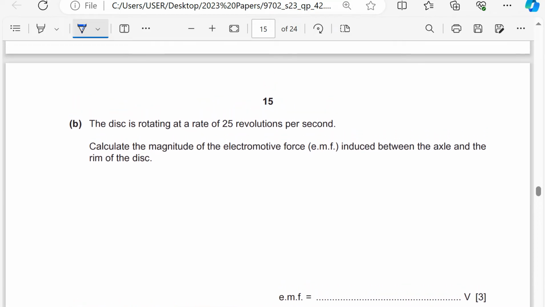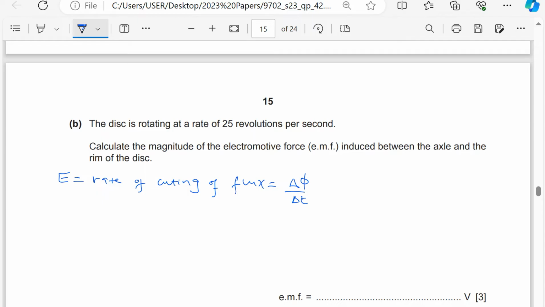So we know that according to Lenz's law or Faraday's law, the induced EMF is equal to the rate of cutting of flux, which is the change in flux over time. That is the induced EMF.